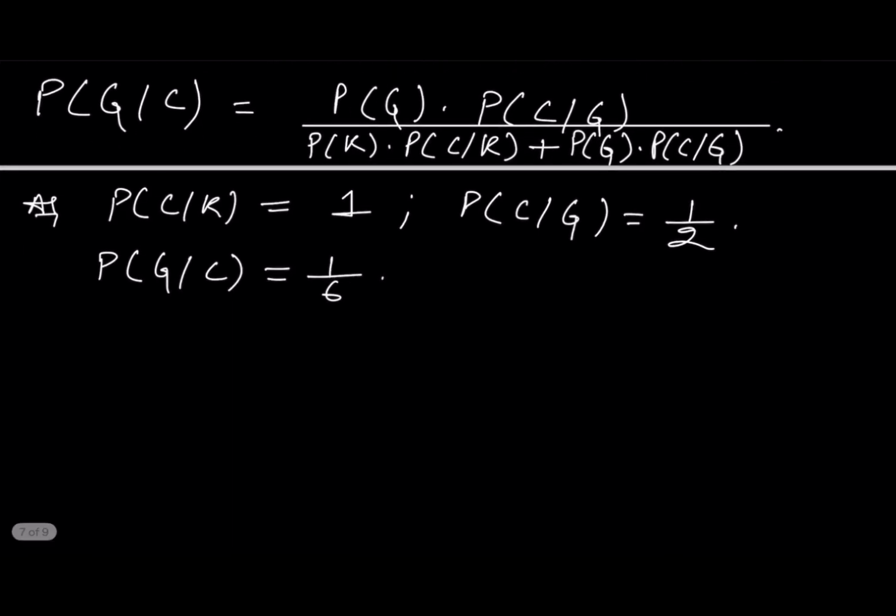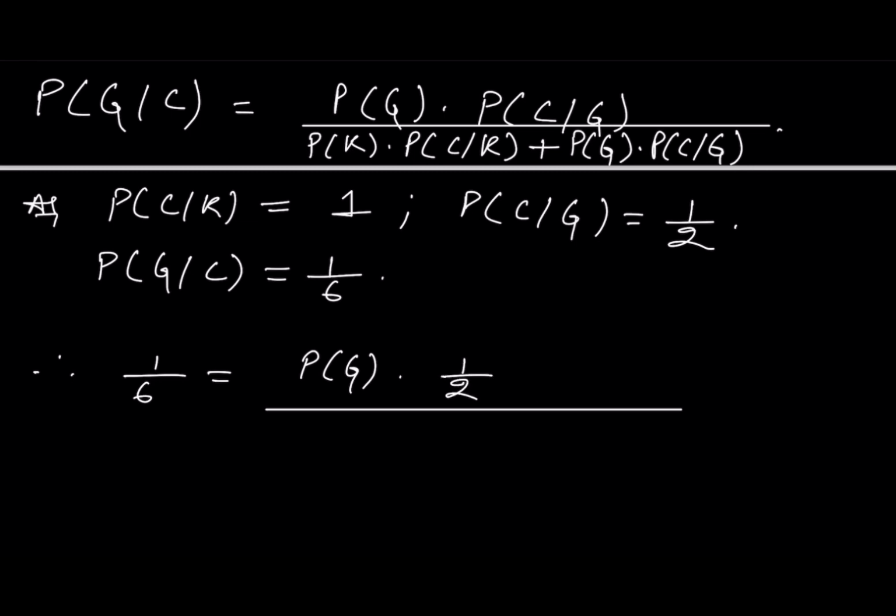So using the second, P of G by C is 1 by 6, which is equal to P of G, P of G is as it is, I don't know what P of G is, into P of C by G, which is 1 by 2, upon probability P of K into P of C by K. Probability of C by K is 1, so P of K is as it is, I don't know what P of K is, into 1 plus P of G, which is not known, P of G as it is, and P of C by G, and P of C by G is 1 by 2, right?